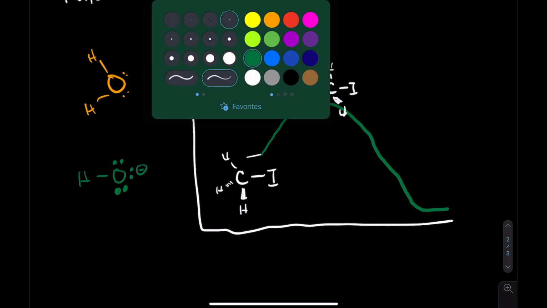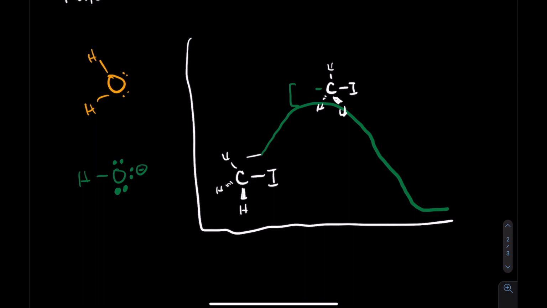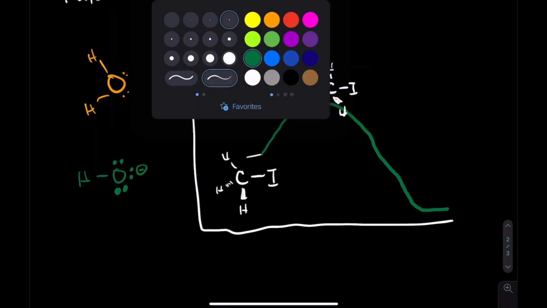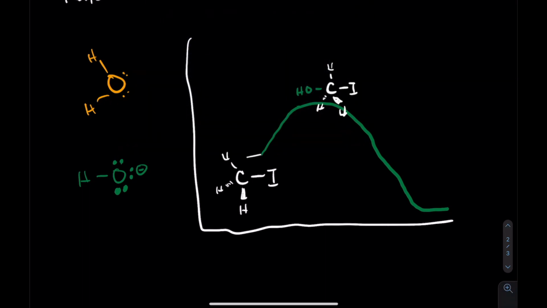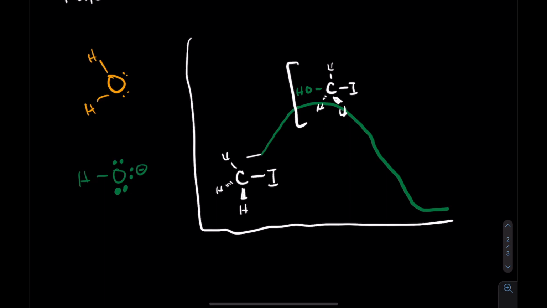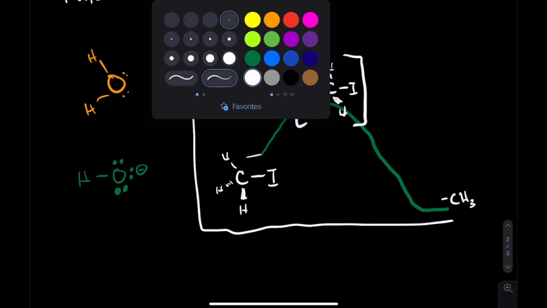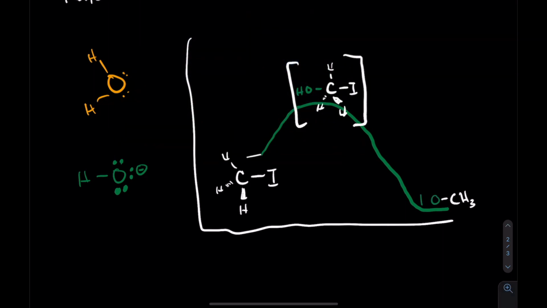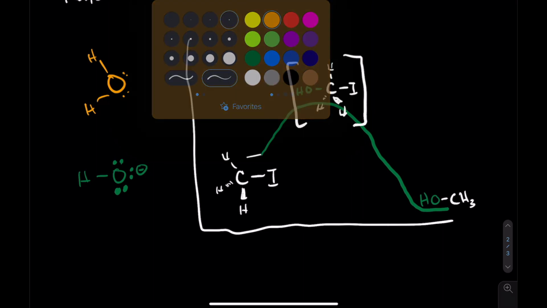But on the other side, it's going to be an OH. All right? So that is going to be our transition state for that particular reaction. And then the final product down here is going to be CH3 bonded to OH.